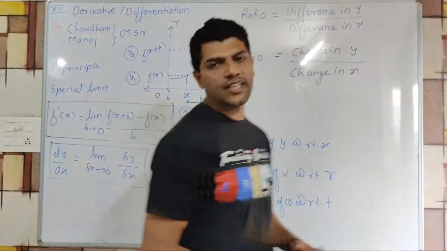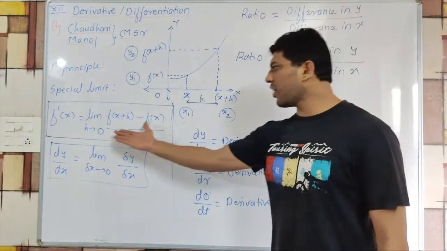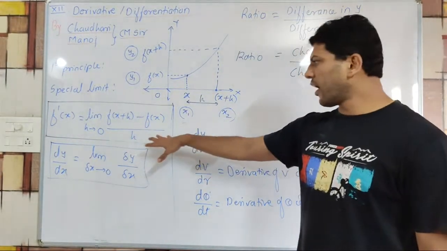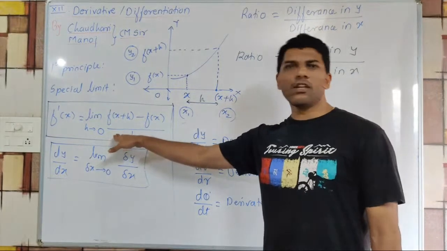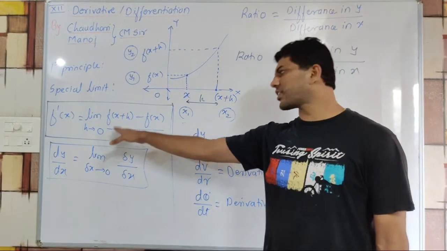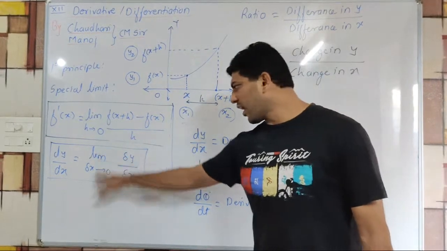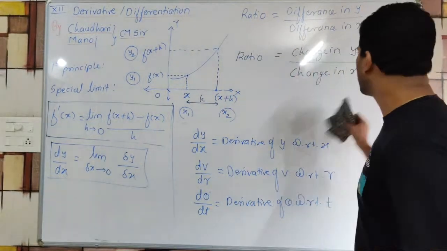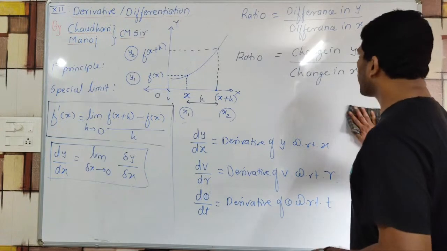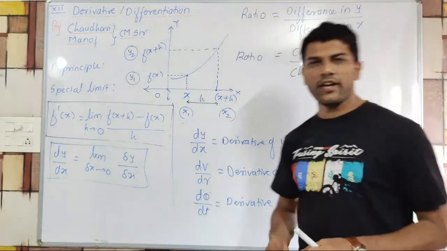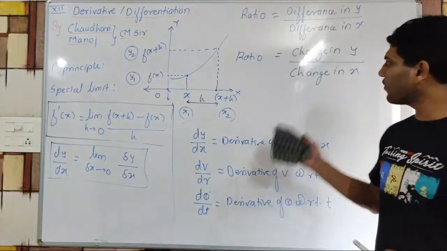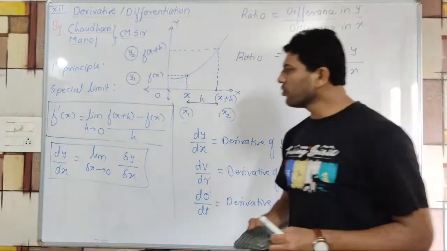And let me tell you, friends, we have a definition of the derivative. I already explained this particular definition of the derivative, which is called first principle, or this concept of the derivative as Leibniz notation. So I hope you got this introduction of the derivative, what exactly the meaning of the derivative is.